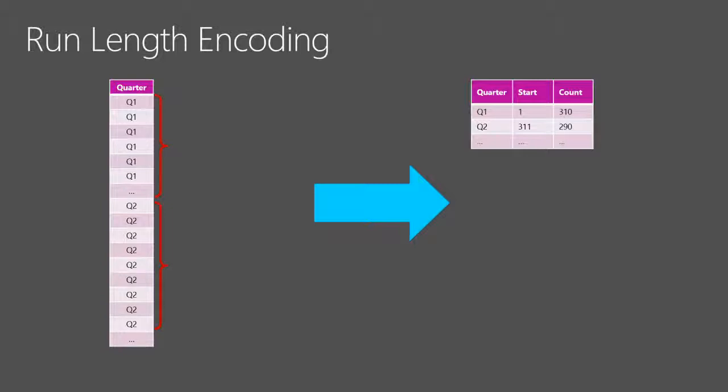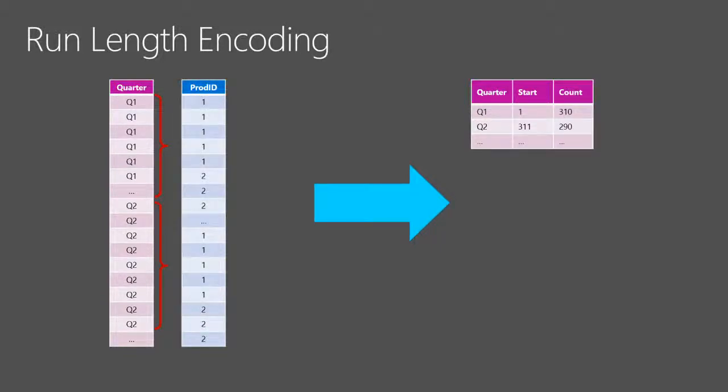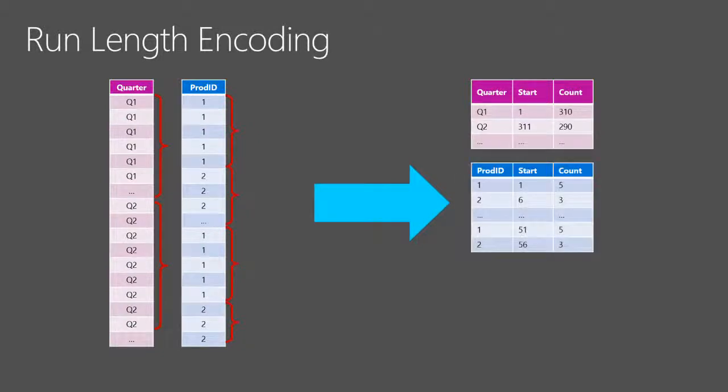Now, you have to store one table, not just one column. So the second column, if you imagine that you sorted the table by quarter, will not have an optimal sort order because you would have product 1, 2, and then again 1, 2 for quarter 2, and so on. However, if you have a good sort order, the other columns might also get compression from this approach.